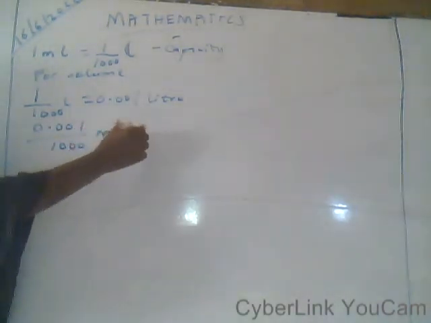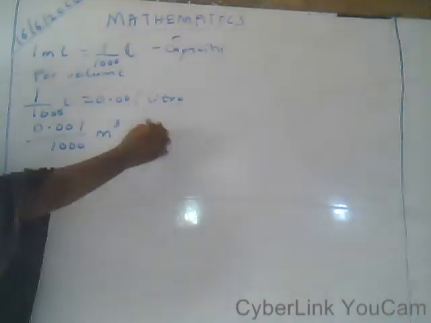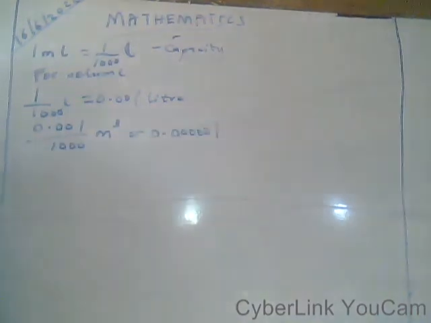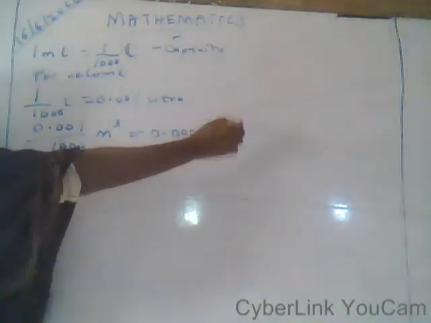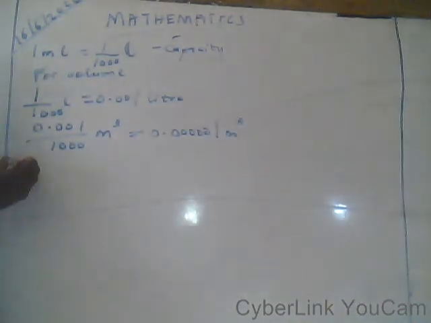Now what will be our final answer? How do I get that? If you convert it to standard form, this one will be 0.001 over 1000 meter cube.